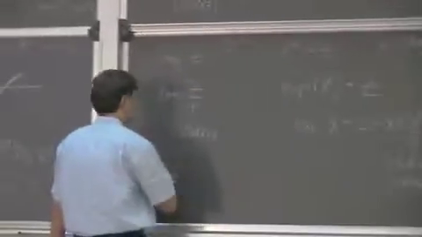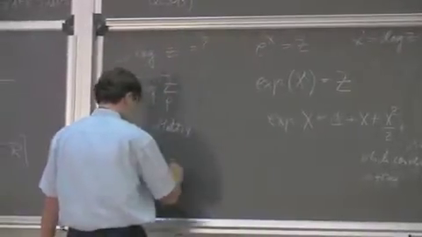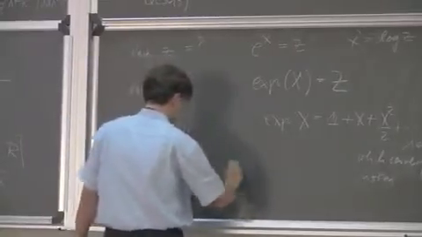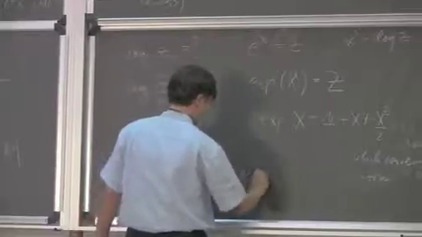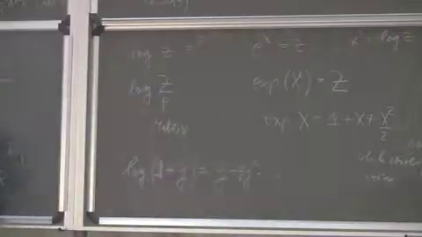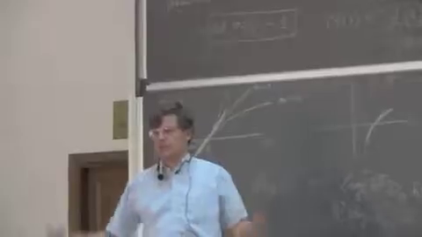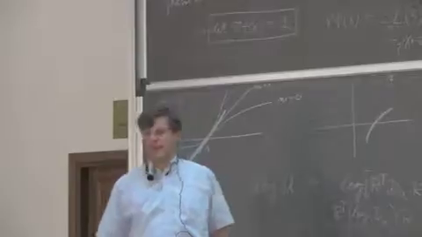The logarithm of 1 plus Y is equal to Y minus Y squared over 2, and so on. A certain expansion for the logarithm. There are even many expansions for the logarithm regarding where you are. The problem is that this series is not converging unconditionally. You must be in the neighborhood of 1. So there is already a problem with the logarithm.